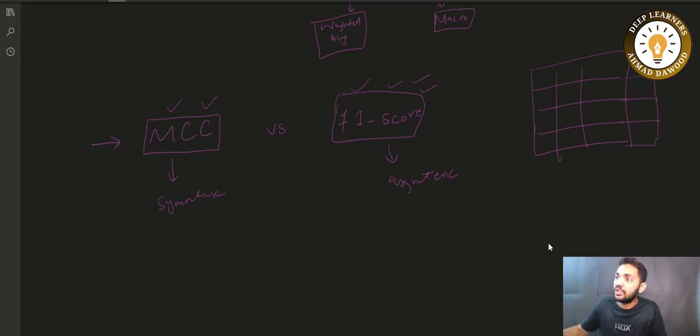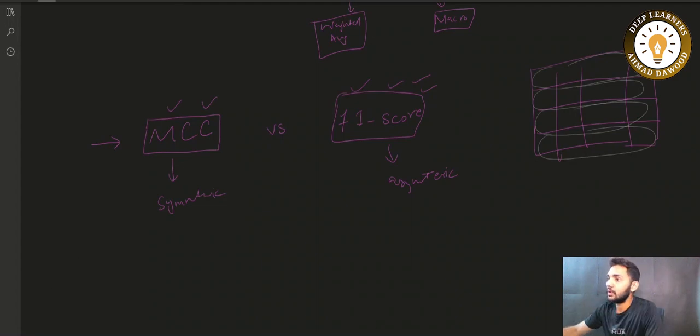Actually, in the case of precision and recall, you are catering to all the cells of your confusion matrix, in one direction for recall and vertically for precision, and in the case of F1 score, in both ways you are catering.